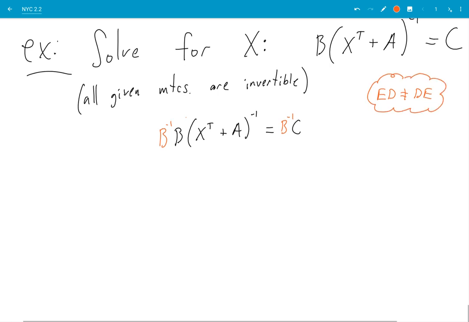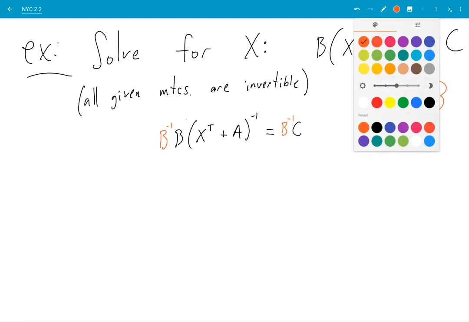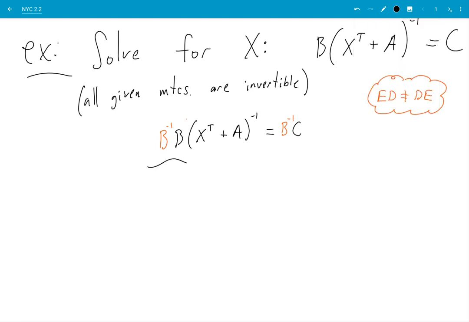So if I'm multiplying on the left over here, I must do the exact same thing over here. That's the main principle I will follow. Whatever I do over here, I have to do the exact same thing over here. So I get x transpose plus A inverse is B inverse C.